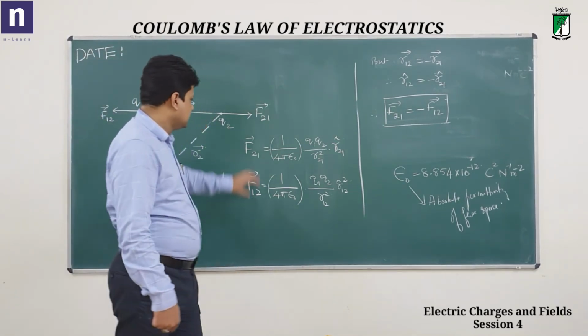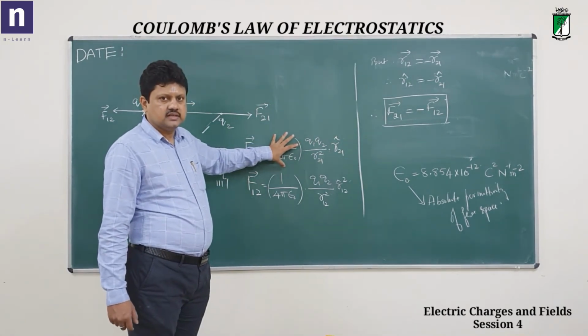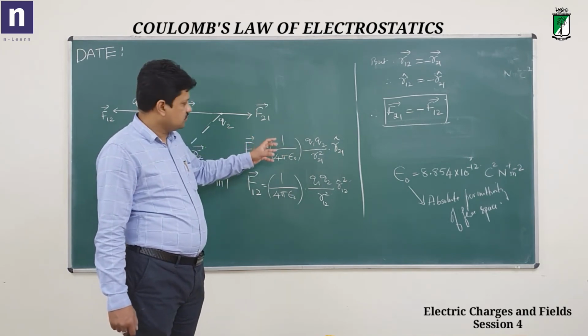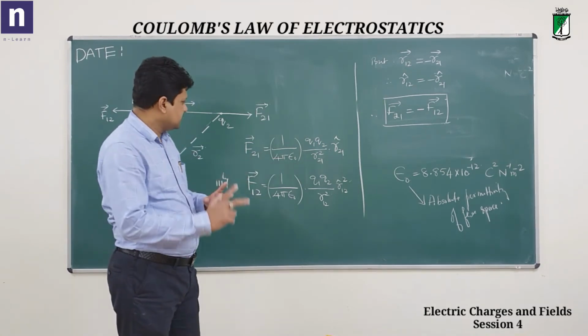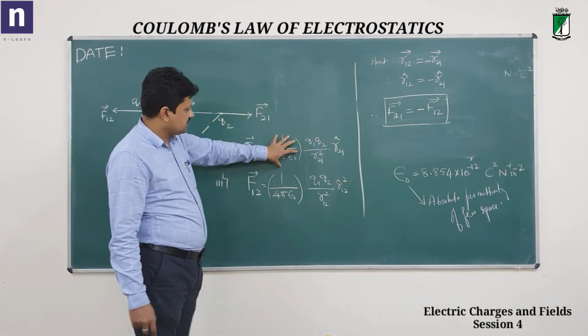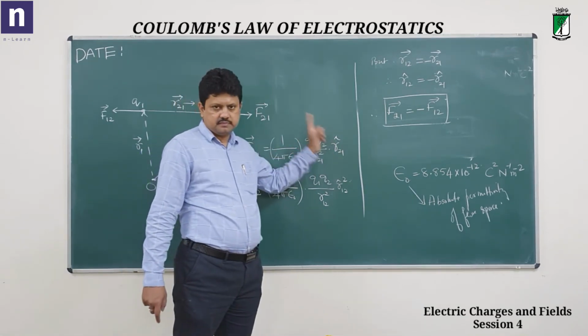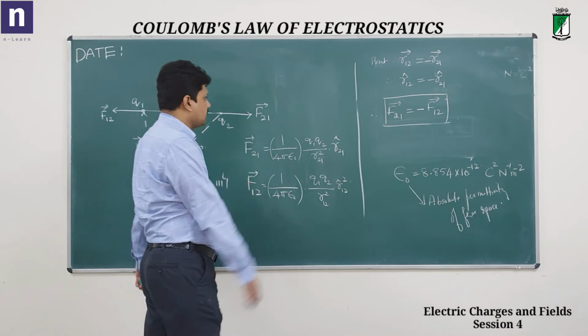As I already told you, this constant of proportionality K is taken as 9 into 10 raised to 9 for vacuum, of course. That gives you the value of Q indirectly. When you measure the force between two charges, substitute this value, you know the force, you know the distance, then you can find the product Q1 Q2. So let us try and define how much is a Coulomb.